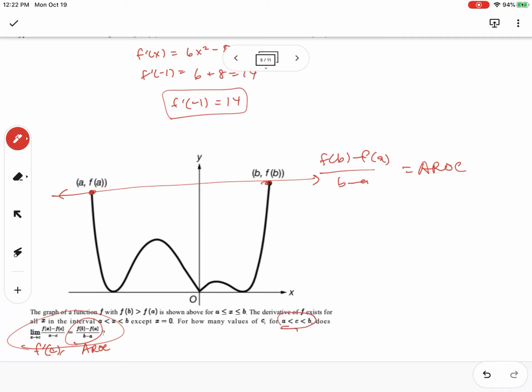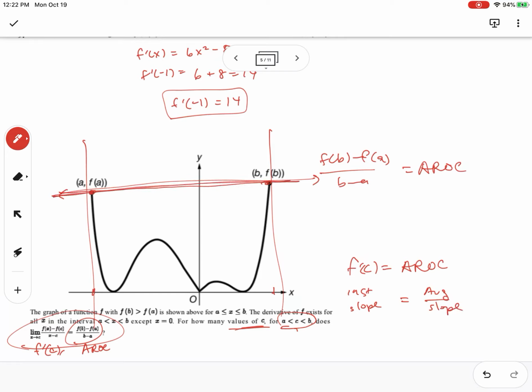Now the question is asking how many values of c in this interval, from a to b. So within this window here, how many times does f prime of c equal the average rate of change? Meaning, when is the instantaneous slope equal to the average slope?